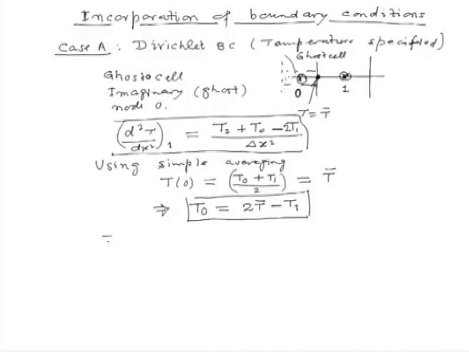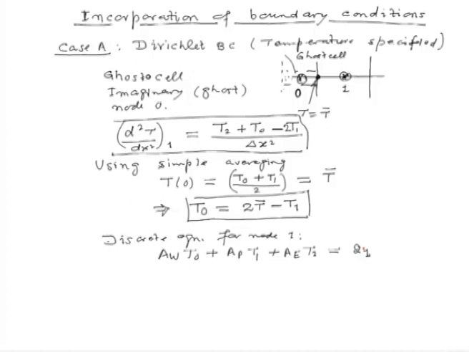This T0 is linked, what was the discrete equation for node 1? So the discrete equation for node 1 was AW T0 plus AP T1 plus AE T2 is equal to Q at point 1.